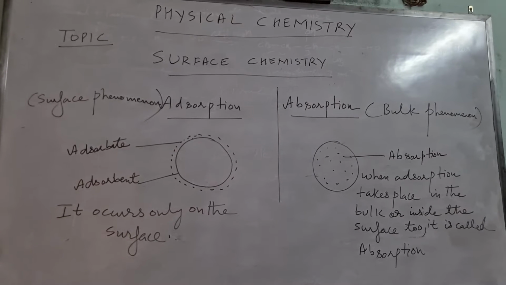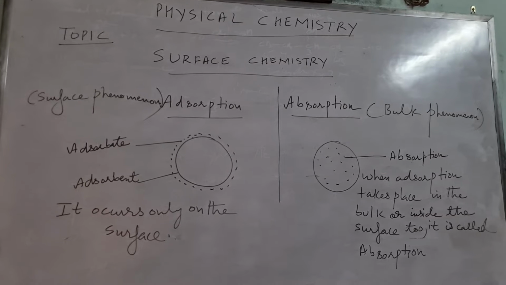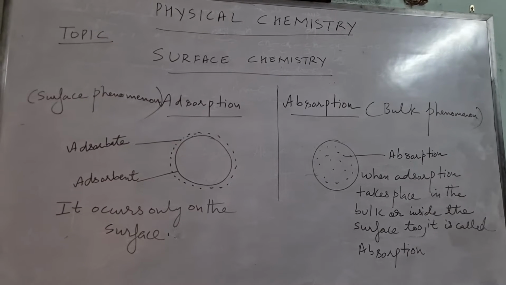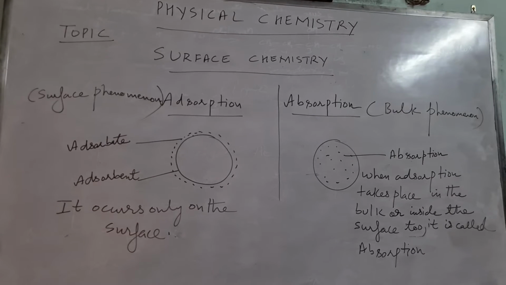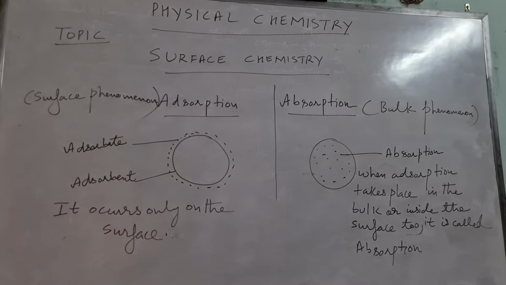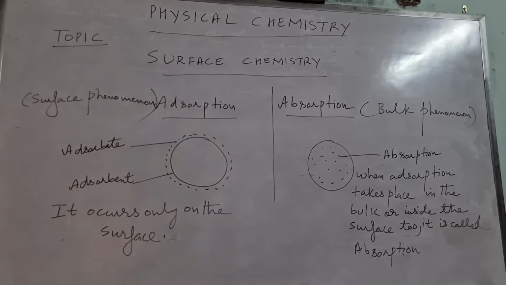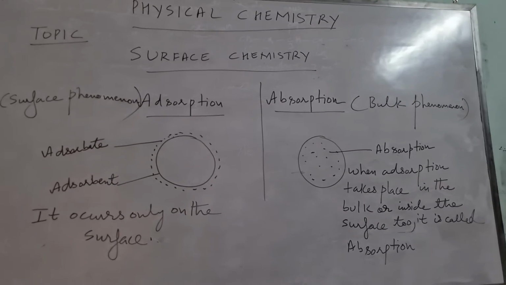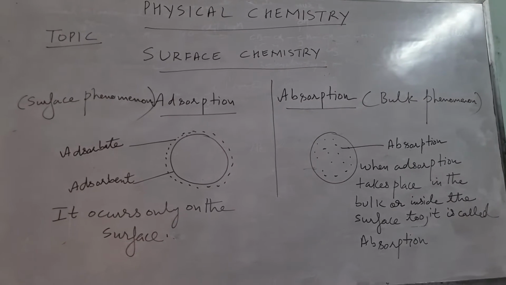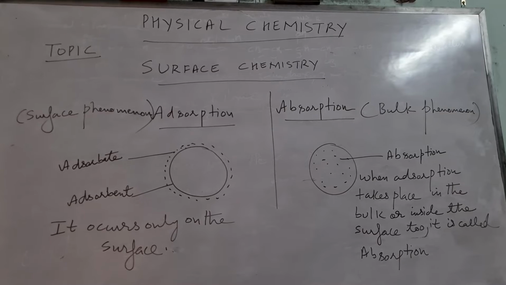chemical adsorption is very strong. Number four, physical adsorption takes place in multiple layers. In other words, we can say there can be formation of more than one layer over the surface of the adsorbent. On the other hand, in case of chemical adsorption, it is always monolayer.